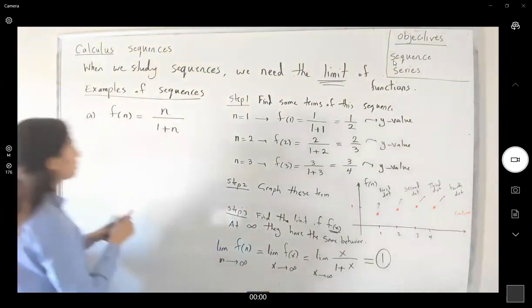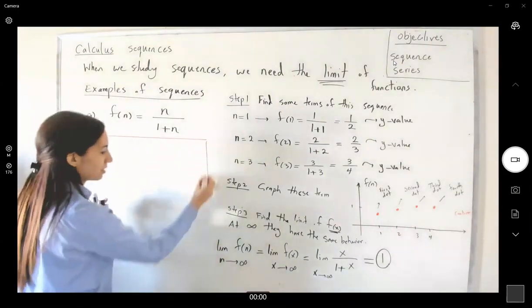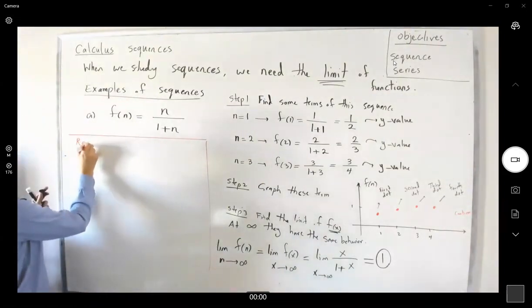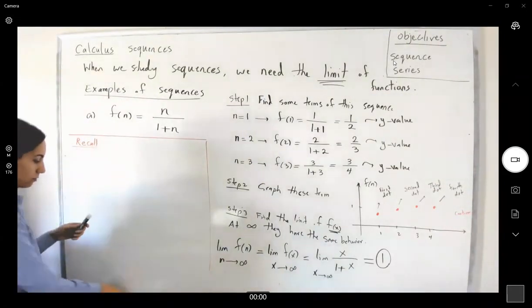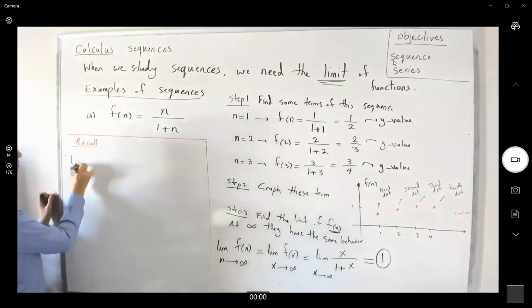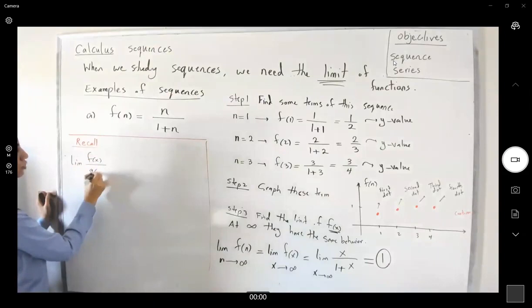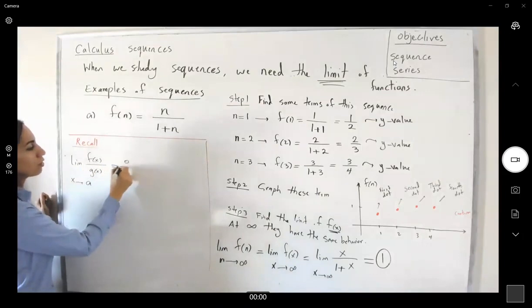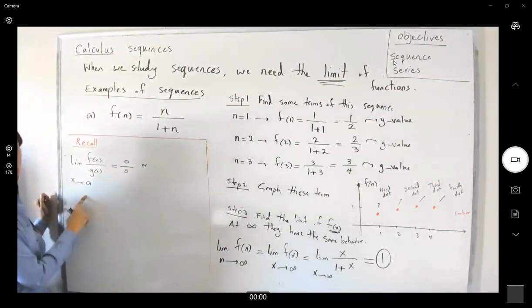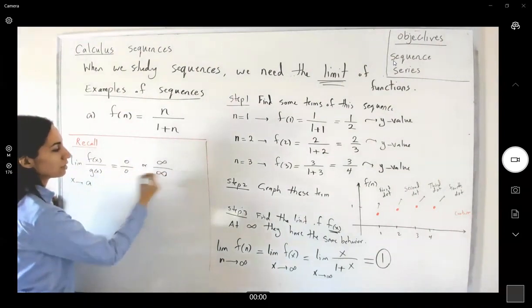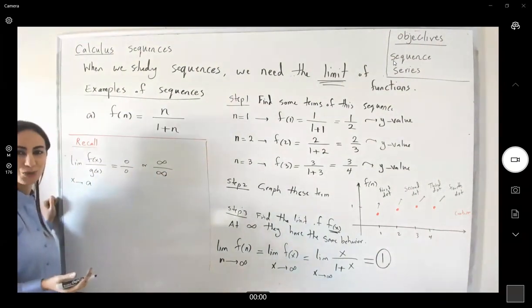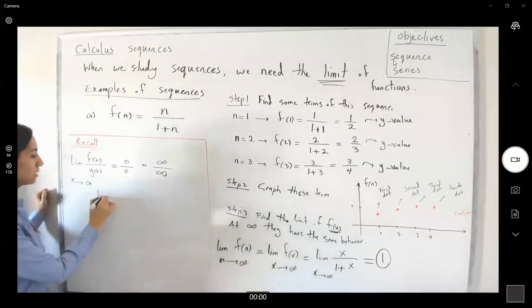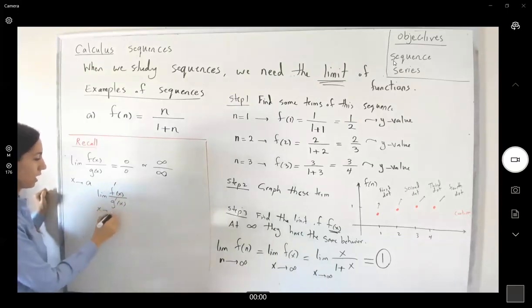Recall that in elementary calculus we learned about the limit. So this is a recall for you. If you have the limit of, for example, f of x divided by g of x while x goes to a, and this is equal to 0 over 0, or infinity over infinity, then we apply L'Hopital's rule and say that this limit is equivalent to the limit of the derivative of f divided by the derivative of g while x goes to a.